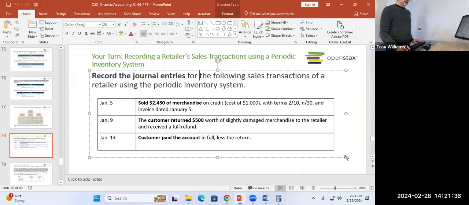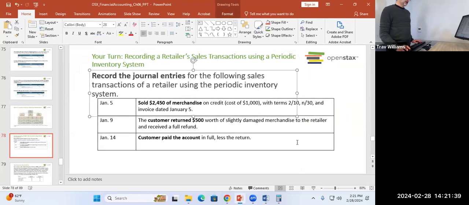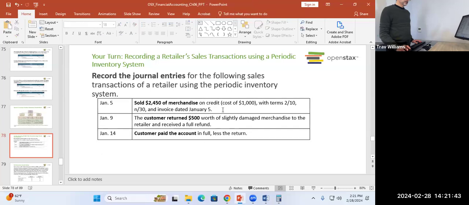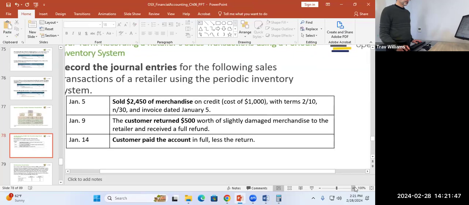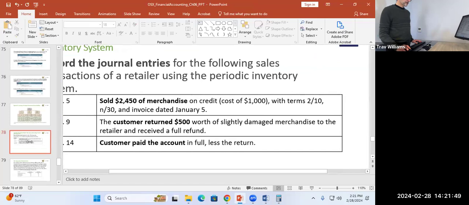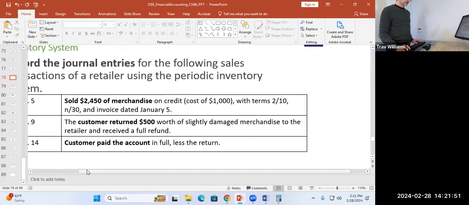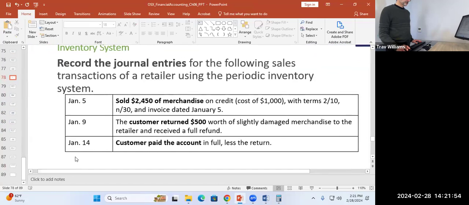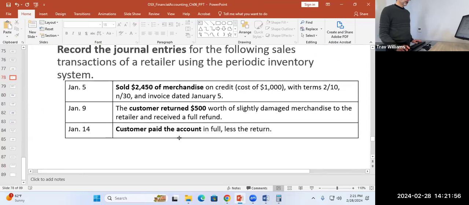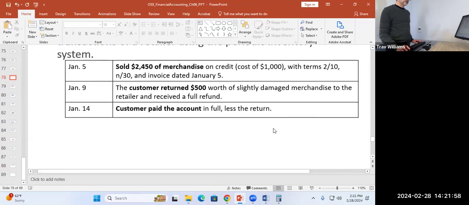Let's see if I can just fit it on the screen here. Okay, let's see if we can just fit this right in here, save us a little time.